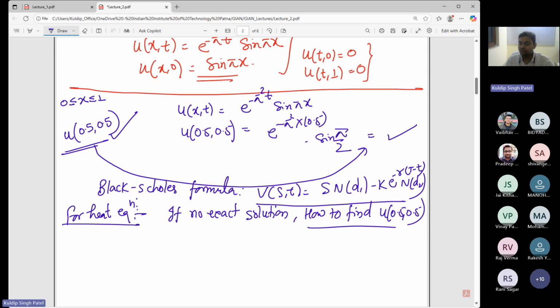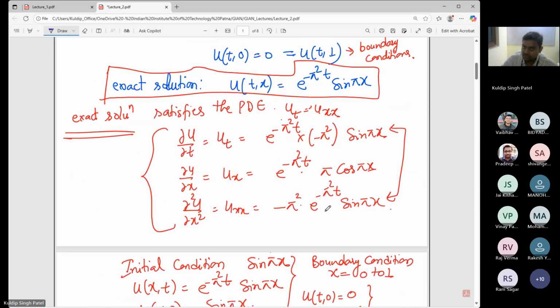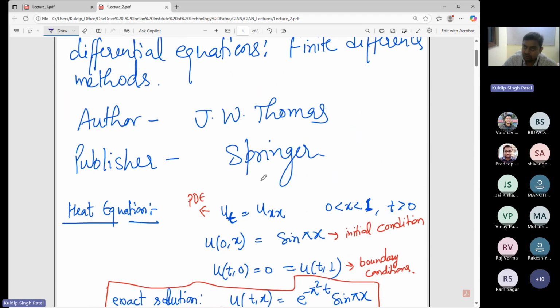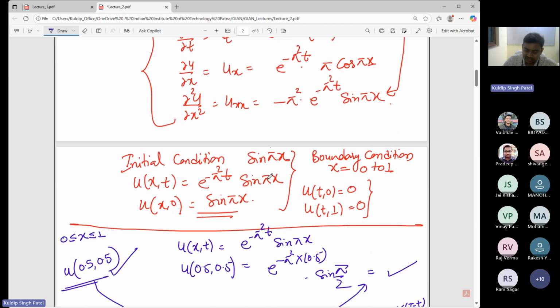Suppose I want the value of u at 0.5 comma 0.5. This is what we are going to do with finite difference methods.